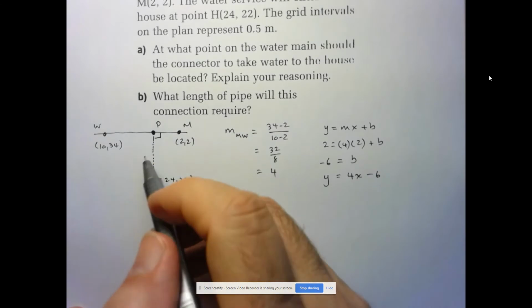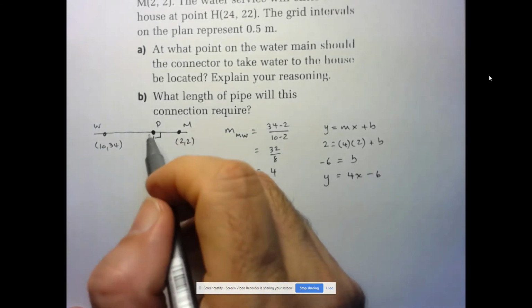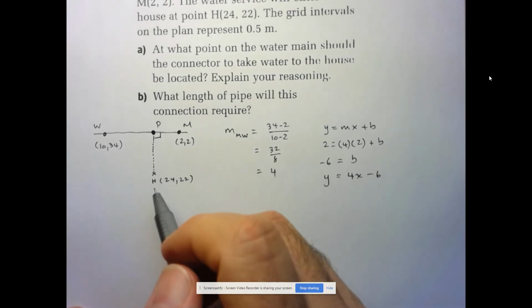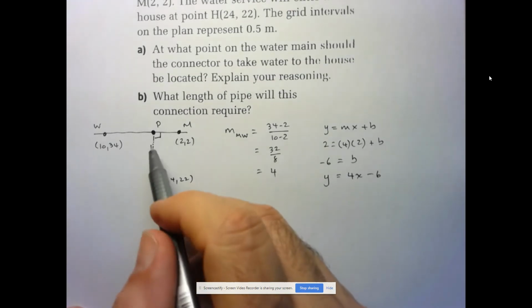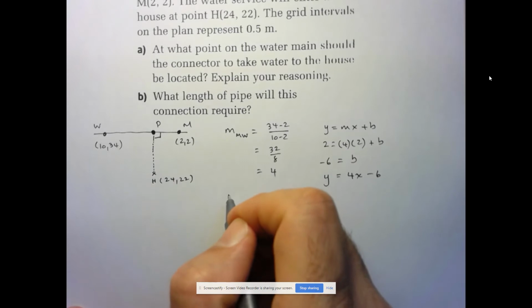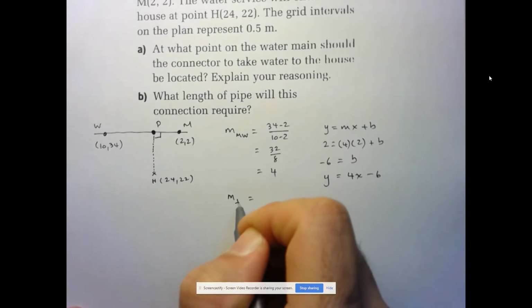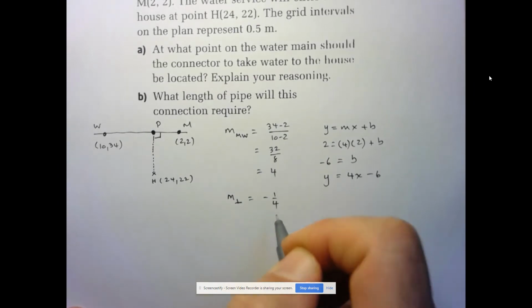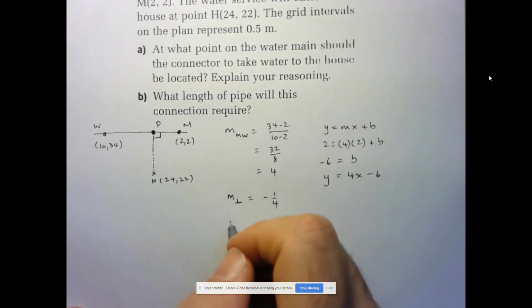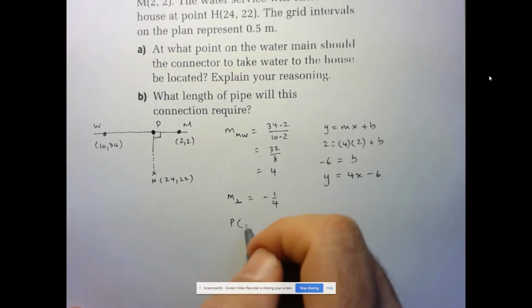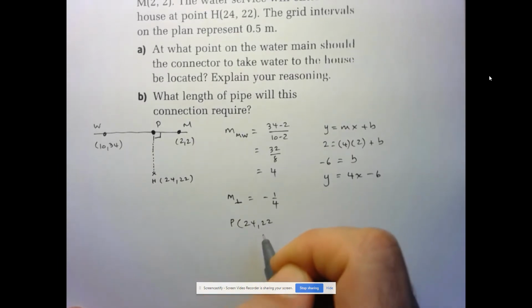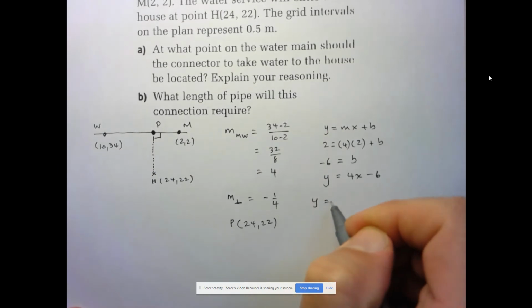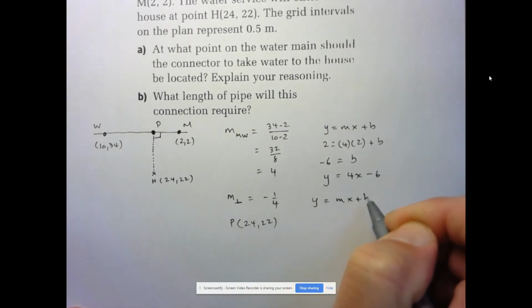So now I want to find the equation of this line. Again, what do we need to find the equation of a line? Either 2 points or a point and a slope. Now, because this line has to be perpendicular, I know that the slope is going to have to be the negative reciprocal of 4, which is negative 1/4. And I know it has to pass through the point H, which is (24, 22). All right, so let's find the equation. Stick this into, again, y = mx + b.